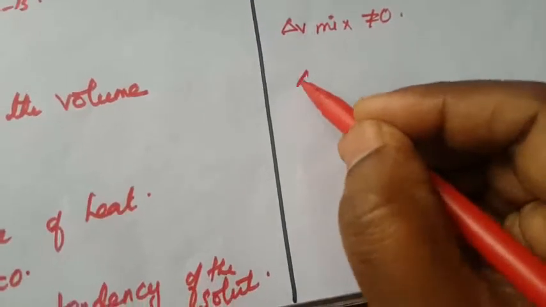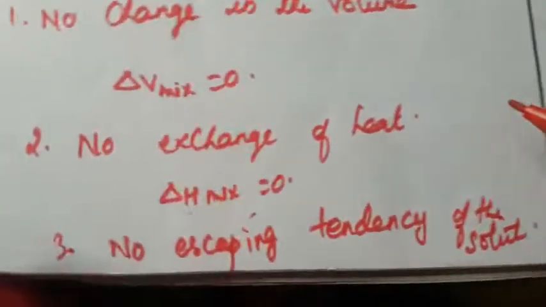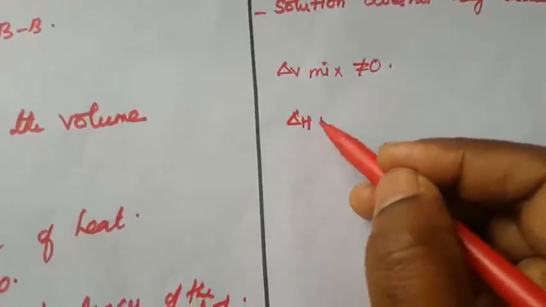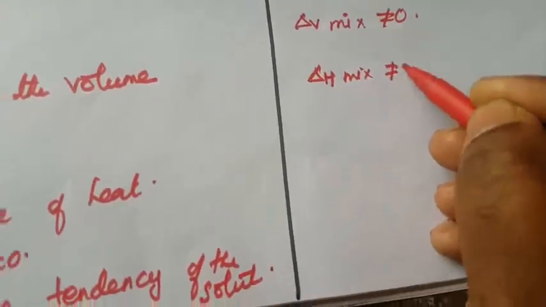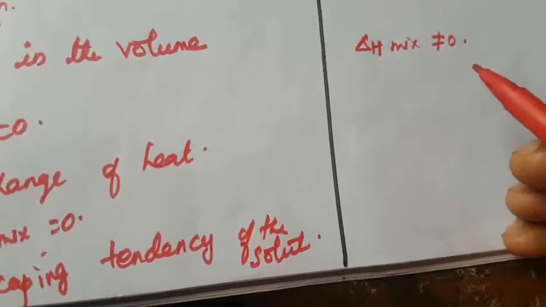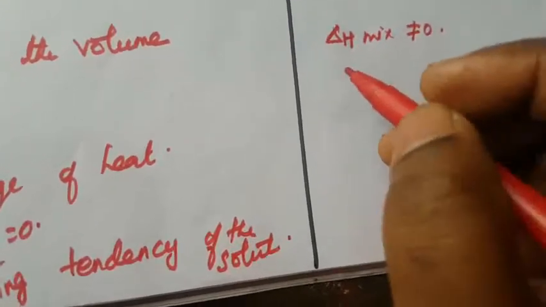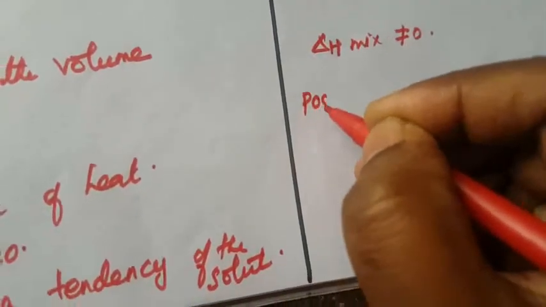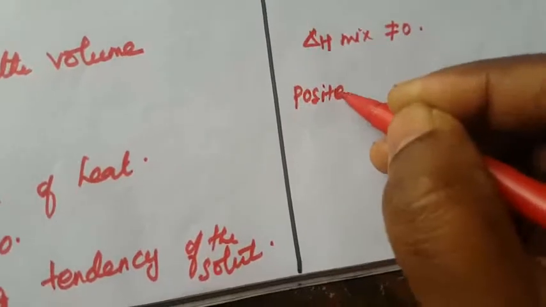Also delta H, which was no heat exchange, is here not equal to 0. There is a change in the volume and the temperature. The deviation of the non-ideal solution from Raoult's law can be either positive or negative.